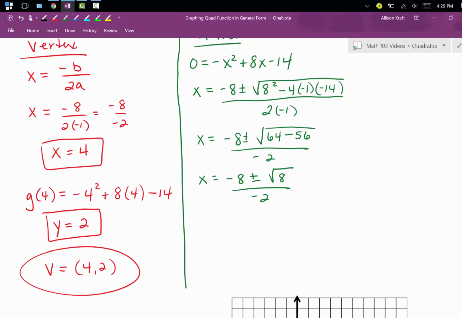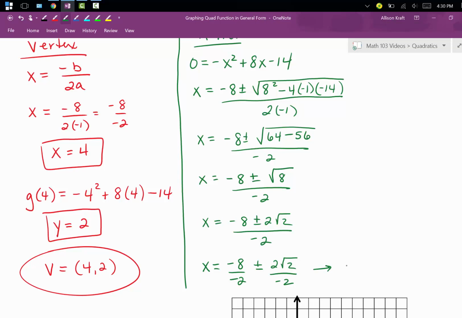We can simplify the square root of 8 to be 2 square root of 2. We want to simplify the fraction overall. I think the easiest way to do that is to split it up into 2 fractions. Negative 8 over negative 2 plus or minus 2 square roots of 2 over negative 2.